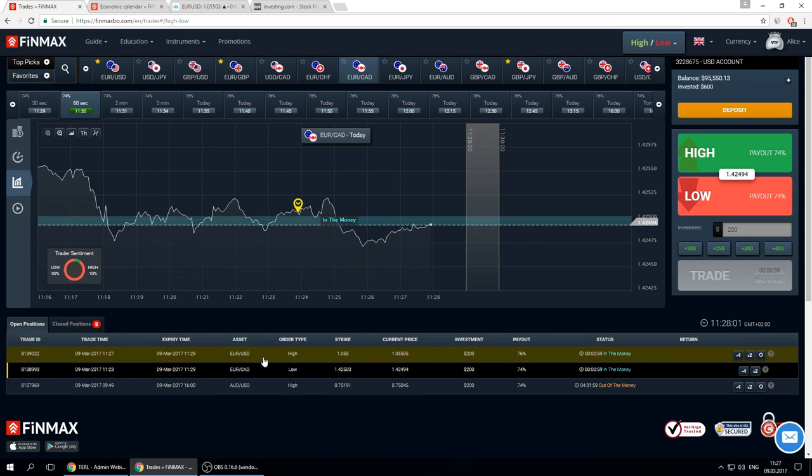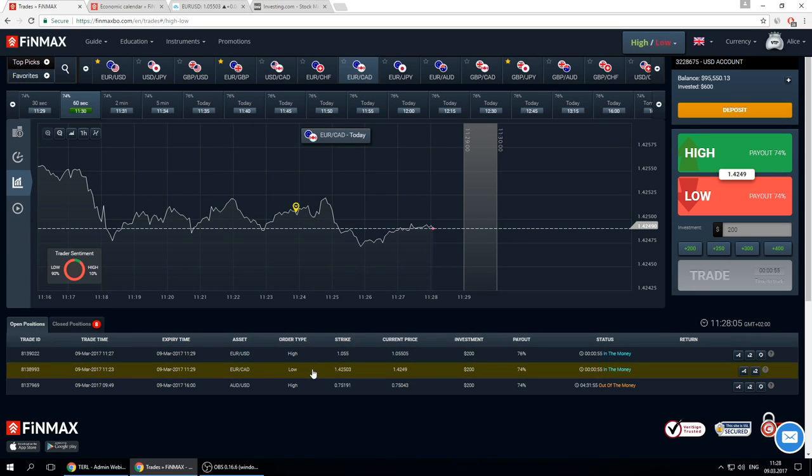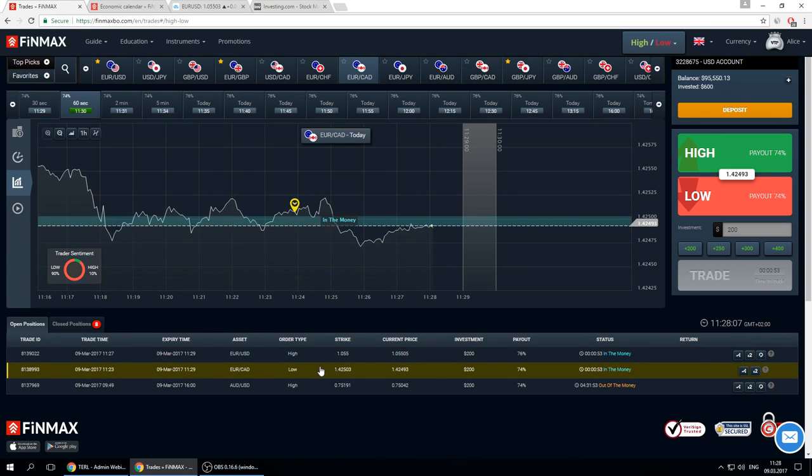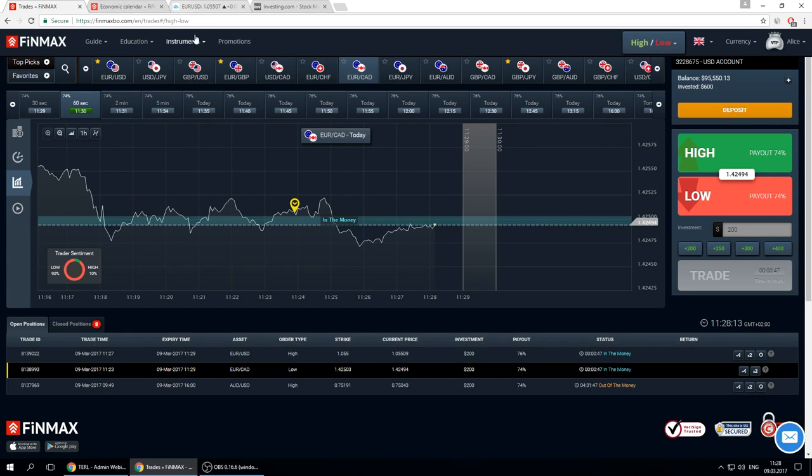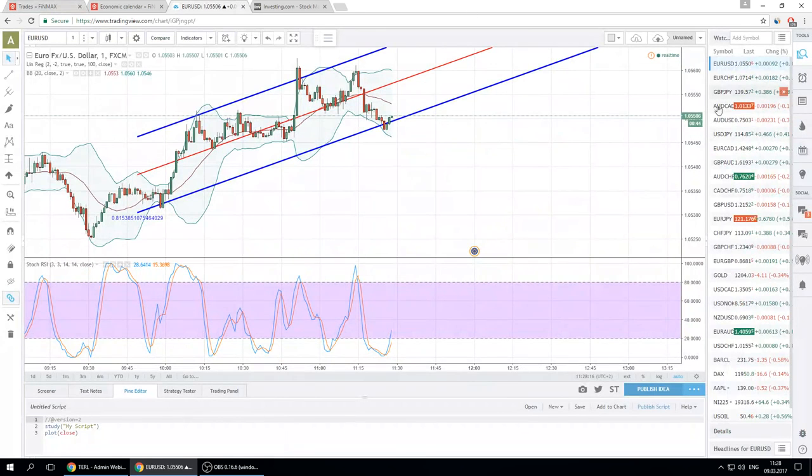But even so, these two trades can expire in the money, or otherwise we will open a second trade in this asset, so they will expire together. Let's open the chart for Euro Canadian to see the situation there.